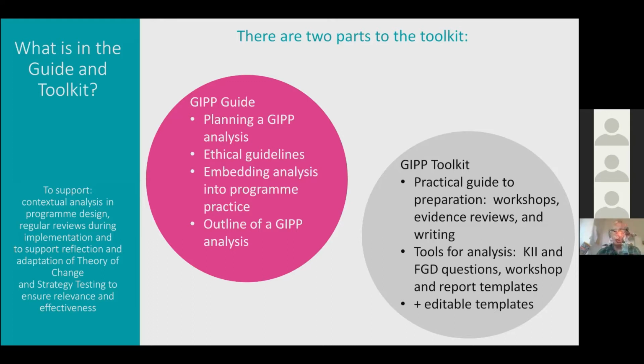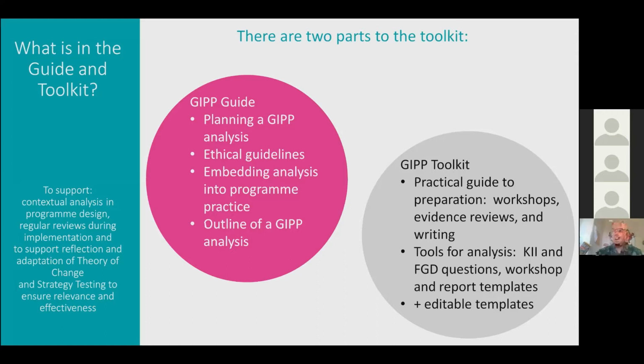So there are links to the tools, which are generally held in the GIPP Toolkit, which is part 2. And you'll find a lot of ideas really in that toolkit, a lot of possible tools to use, templates and workshop plans, etc., plus clear guide for how to write up the findings. And throughout, we promote an ongoing reflection of the analysis process.